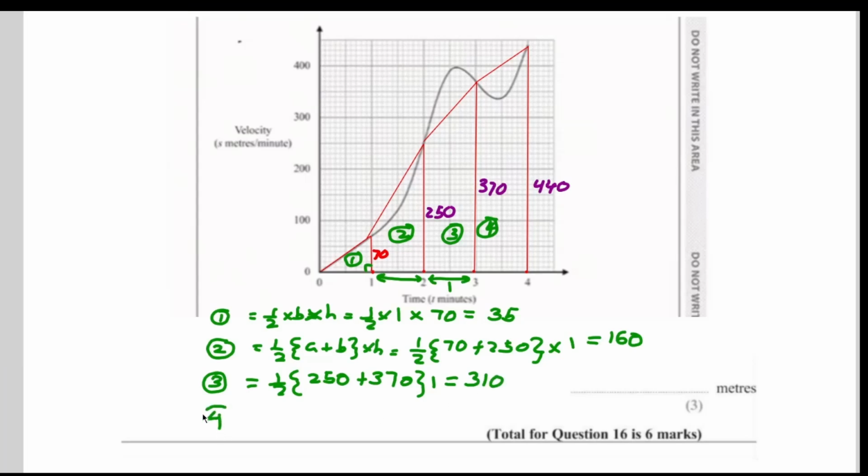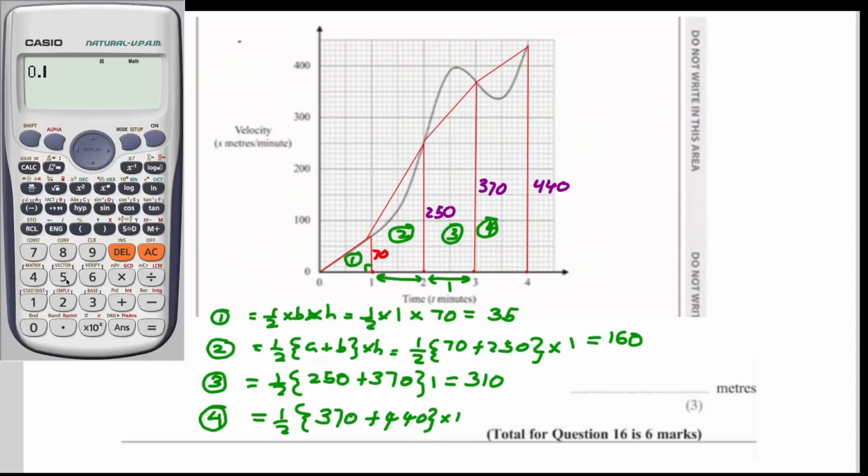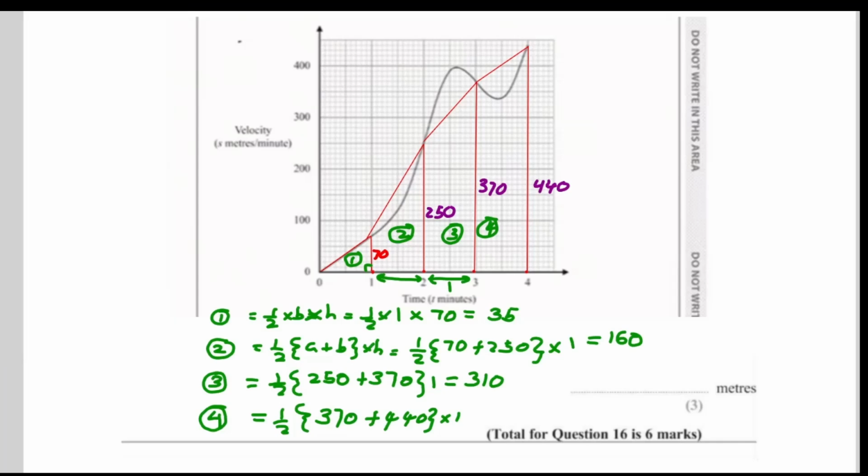Figure 4, half into 370 plus 440 times 1. So 0.5 into 370 plus 440 is 405.